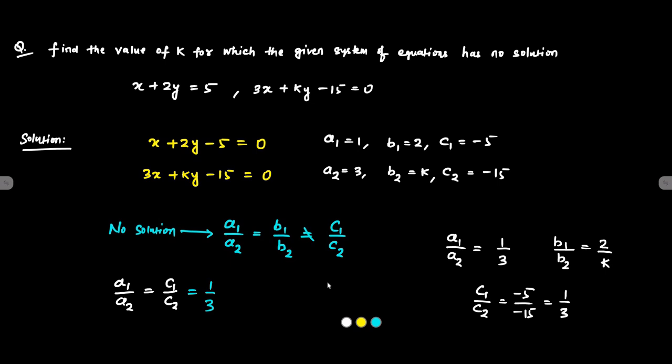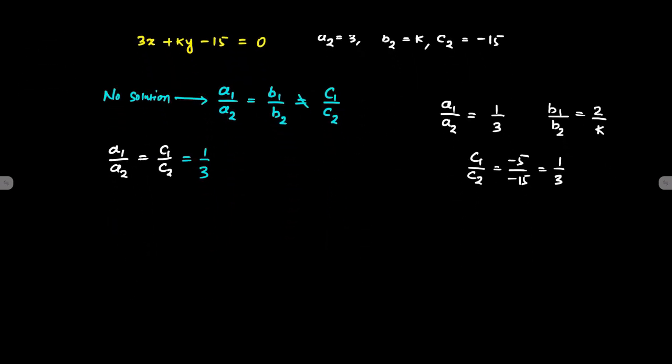See how this happens. According to the original condition, a1/a2 should be equal to b1/b2. So 1/3 should be equal to 2/k. According to this, k should be equal to 6.